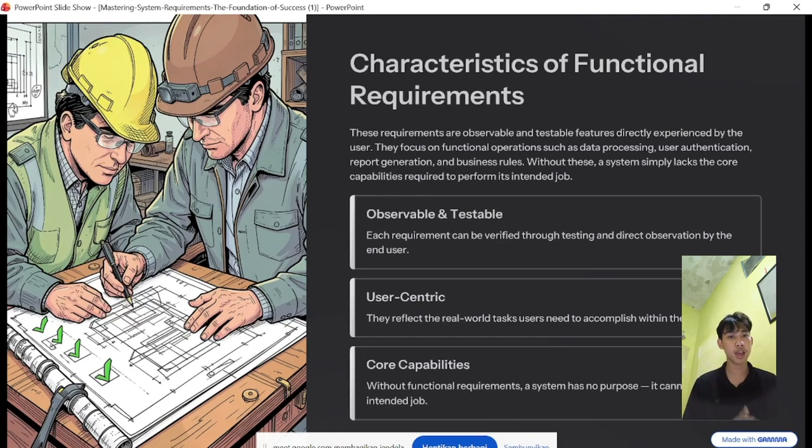Observable and testable: requirements can be verified through testing and direct observation by the end user. User-centric: they reflect the real-world tasks users need to complete with the system. Core capability: without functional requirements, a system has no purpose. It cannot perform its intended job.